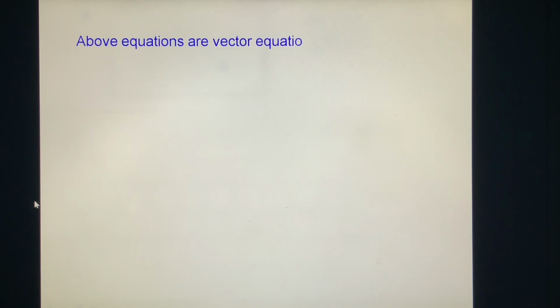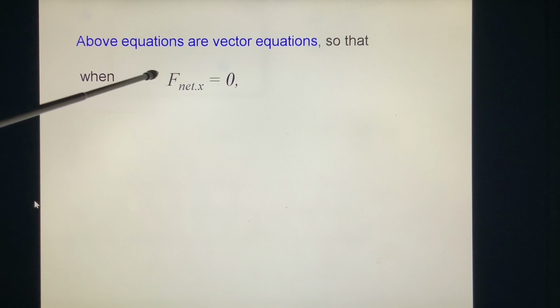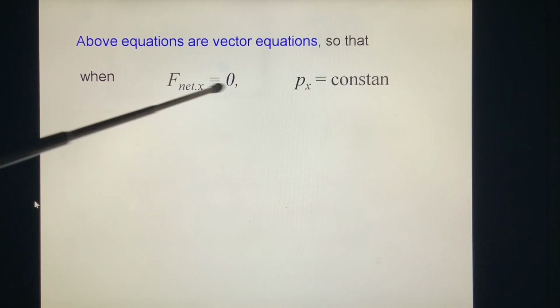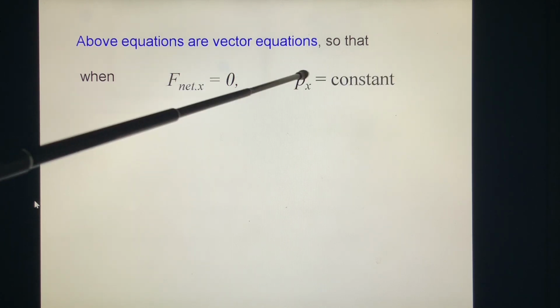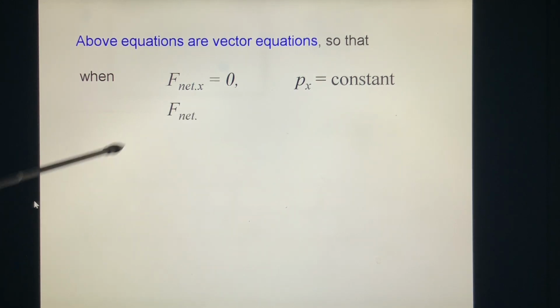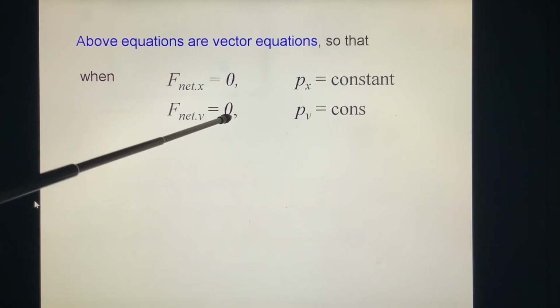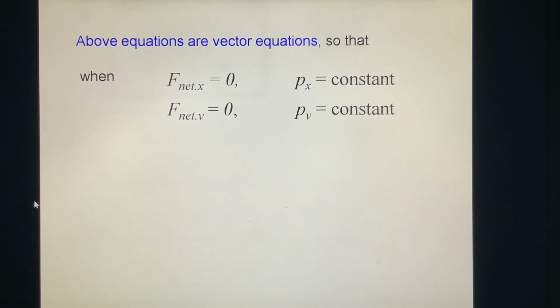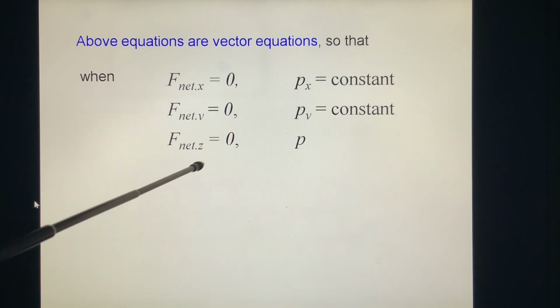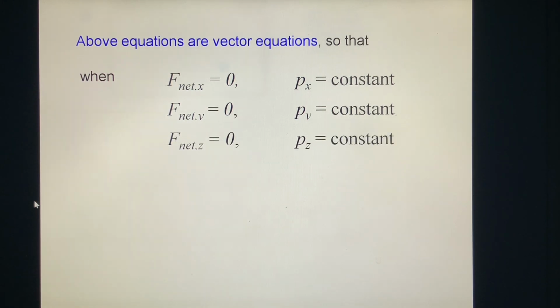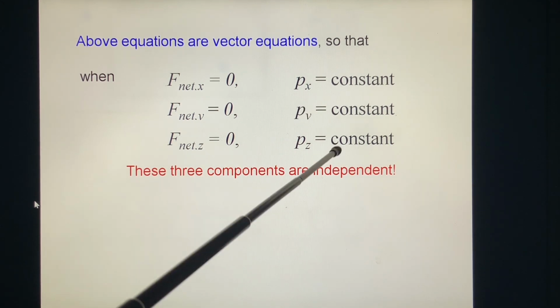The above equations are vector equations, so when F net x equals 0, along the x direction, Px is constant. F net y equals 0, Py is constant. F net z equals 0, Pz is constant. These three components are independent of each other.